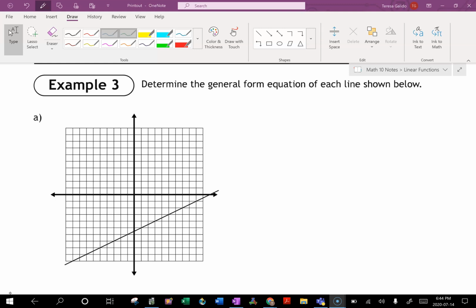Obviously y equals mx plus b is an easier form of the equation. However, if b is not available for us to identify, we can't use the equation y equals mx plus b directly. We can actually use it, but we're going to do some manipulation, a different way of writing down the equation of the line, also using y equals mx plus b.